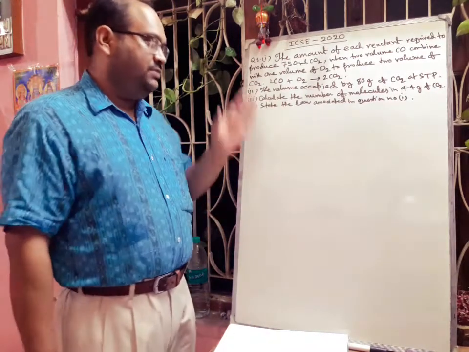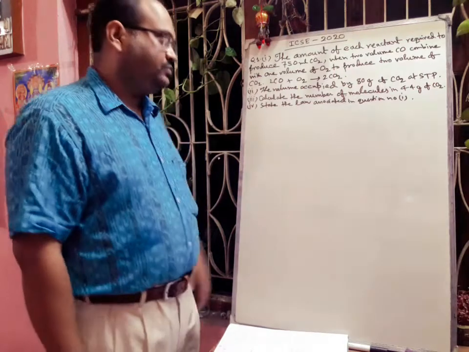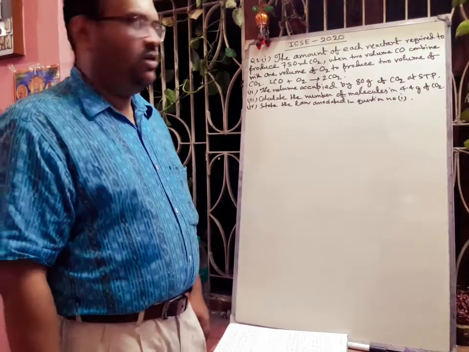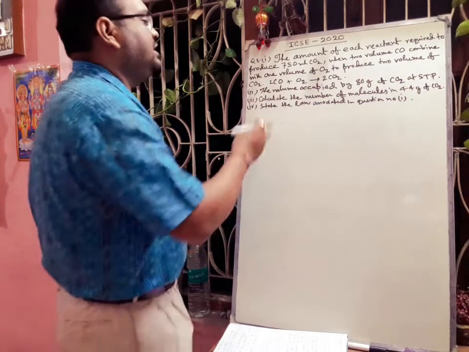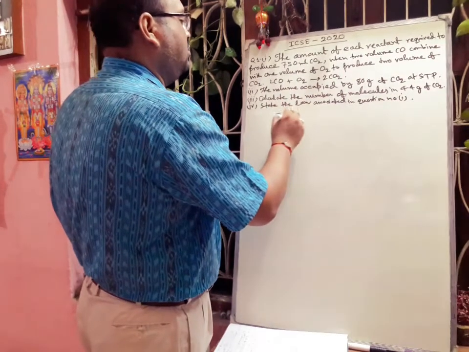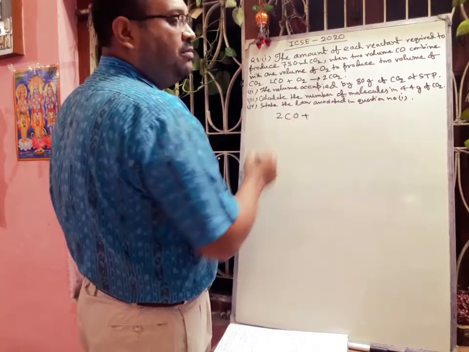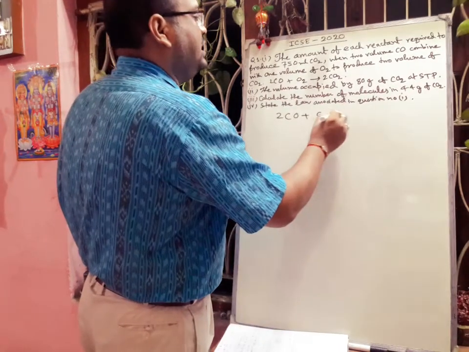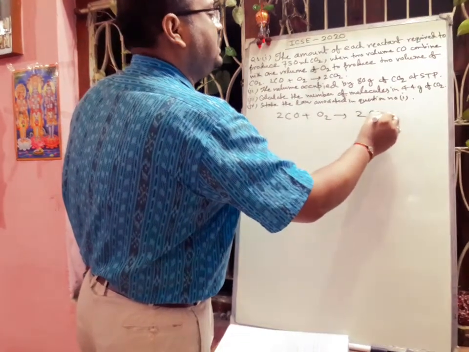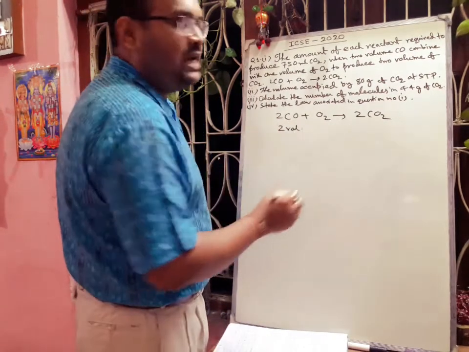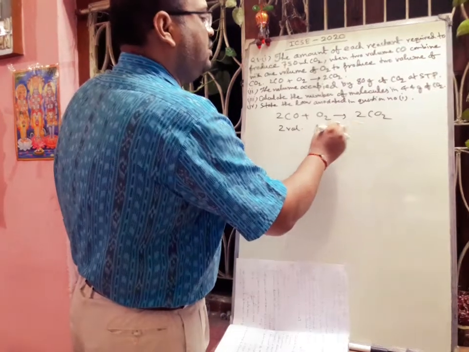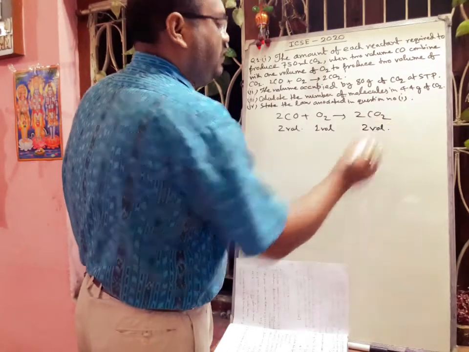This numerical is based on Gay-Lussac's law of combining volumes. First we have to write the equation: 2CO, carbon monoxide gas, reacts with oxygen gas forming carbon dioxide gas. So 2 volumes of carbon monoxide react with 1 volume of oxygen forming 2 volumes of carbon dioxide gas.